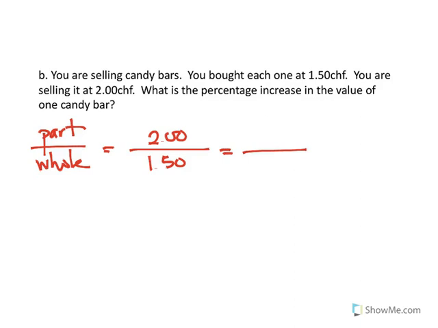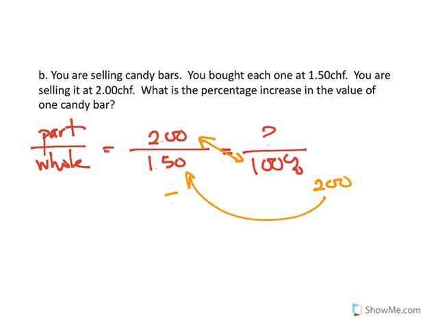And in regards to percentage, the whole is always 100%. So now we don't know what this new percentage is. So using any method, you would work out this. In this case, I will use cross multiplication. So 2 times 100% will give me 200.